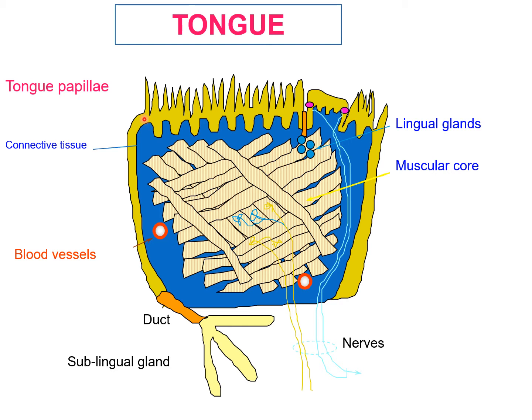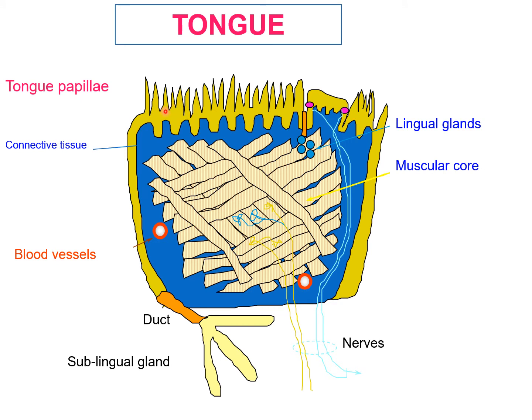Because the filiform papillae do not contain any taste buds, their main function is to help in mastication, hence they are keratinized. Whereas where you have presence of taste buds like the fungiform papillae and the circumvallate papillae, the tongue mucosa is non-keratinized to allow the taste stimuli to reach the taste buds via transport through saliva.